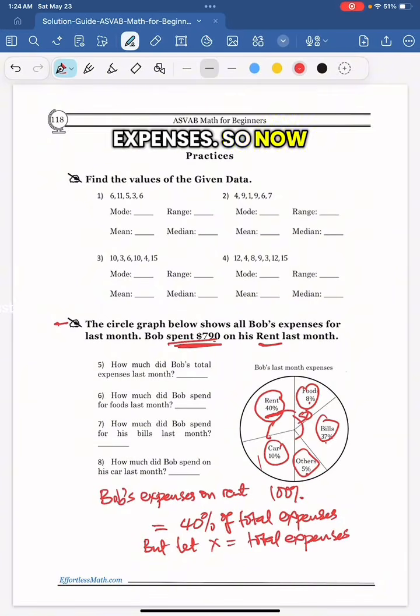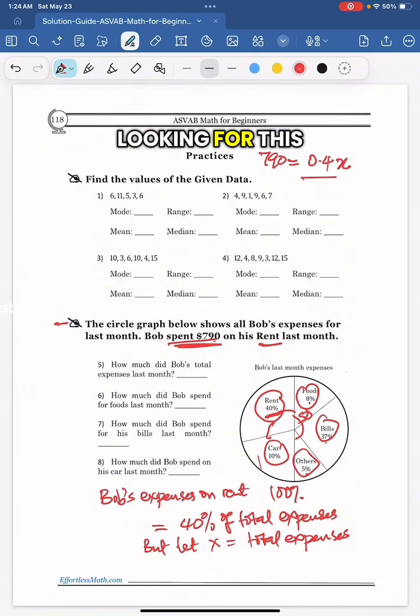So we say let x equal the total expenses. Now I'm going to write up here: Bob's rent is 790, equals 40%, which is 0.4, multiplied by x, right?